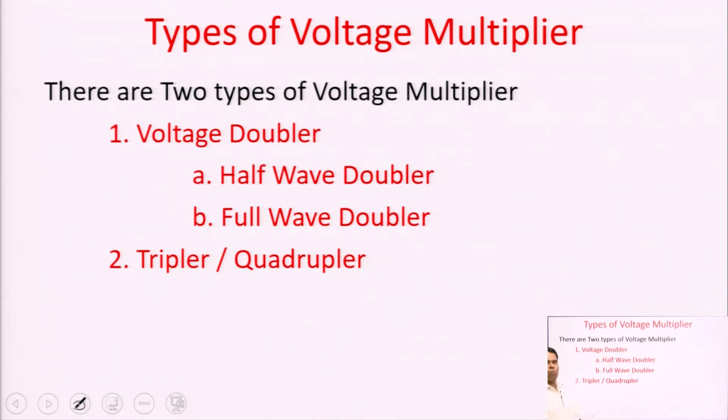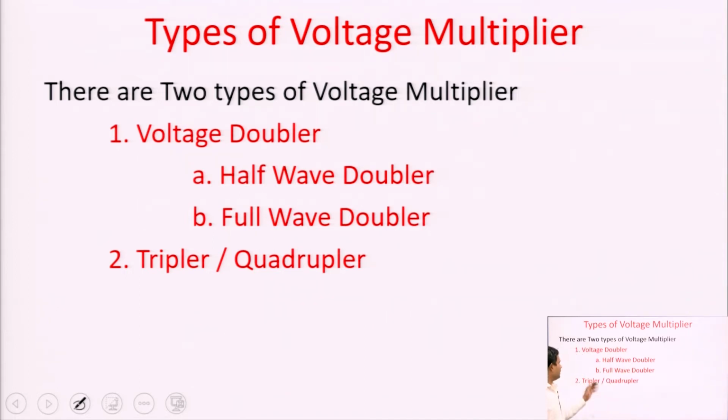On the basis of voltage multiplication, there are types of voltage multiplier, that is voltage doubler, tripler and quadrupler. Voltage doubler is of two types, that is half wave voltage doubler and full wave voltage doubler. In the half wave voltage doubler, we take the output voltage across a single capacitor.